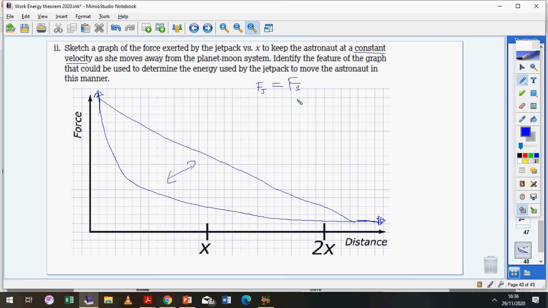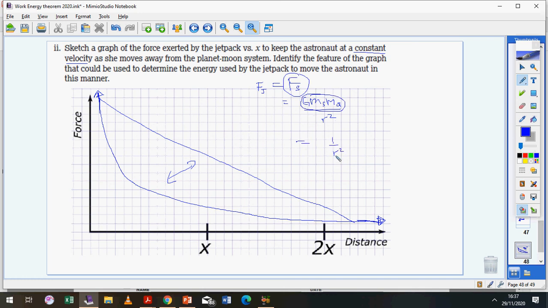And the nature of this force of gravity is G times M of that system times M of the astronaut, divided by R squared. Now, all of these things are remaining the same. The only thing that's changing is this factor R squared.